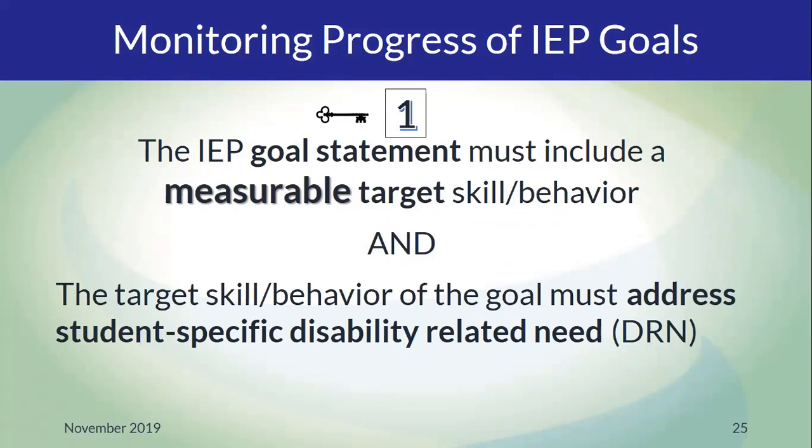The first essential key for planning effective progress monitoring is the goal statement must have a measurable target, skill, and behavior. And the target, skill, and behavior must address a student-specific disability-related need based on an analysis of effect and root causes aimed at improving the student's access, engagement, and progress in general education.